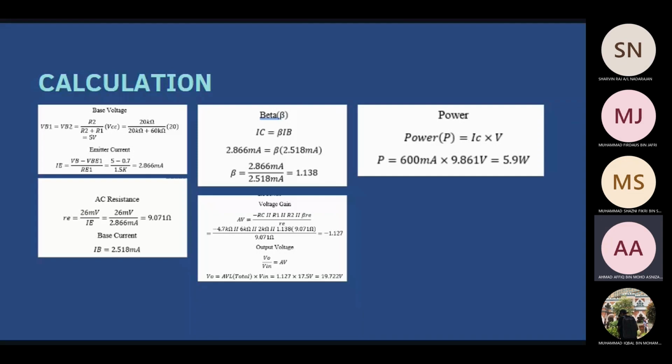Okay, to get our voltage gain, we use the formula AV equals negative RC parallel with R1, parallel with R2, and parallel with beta RE, divided by RE. So the voltage gain we get is negative 1.127.